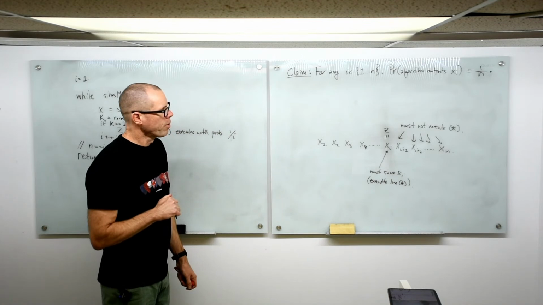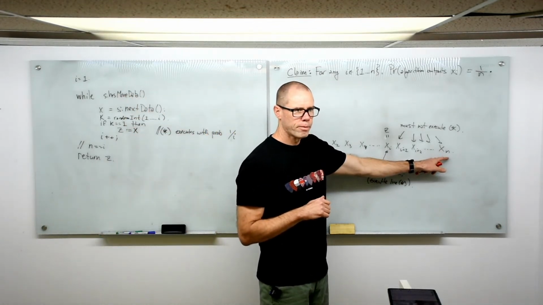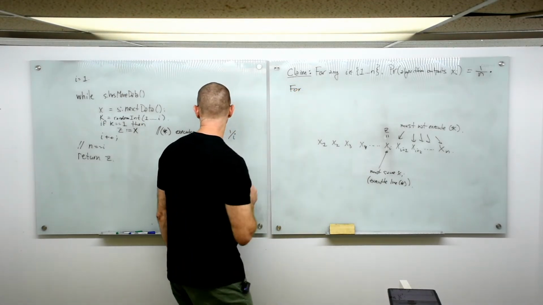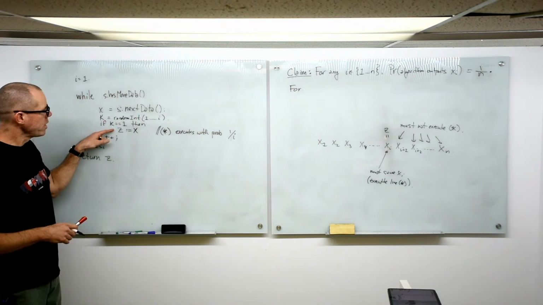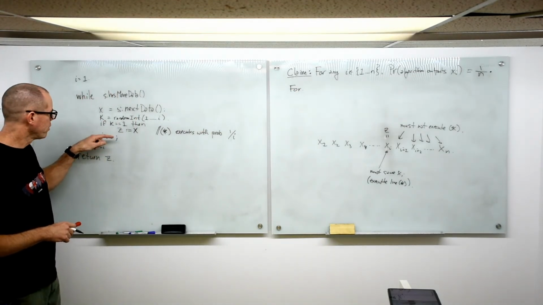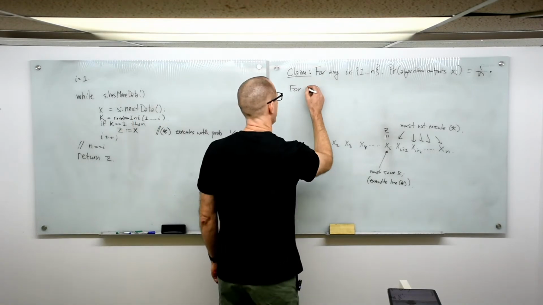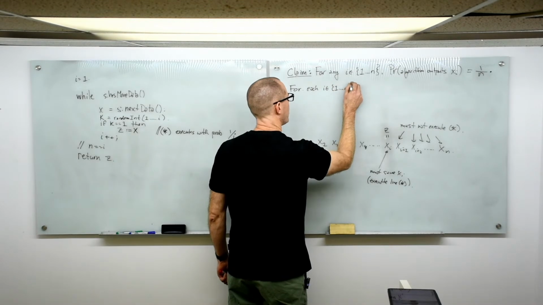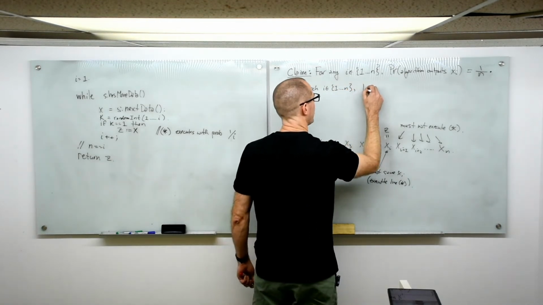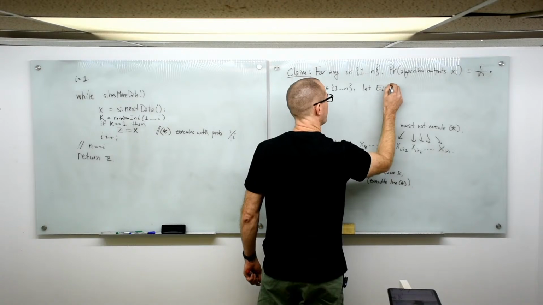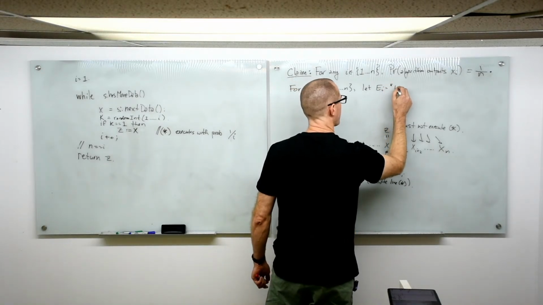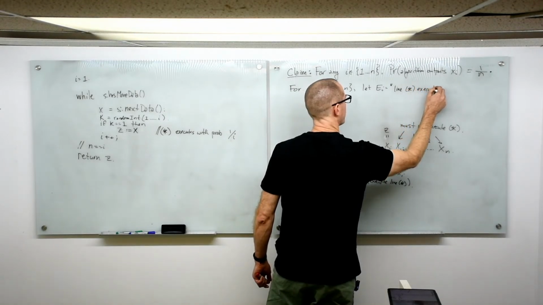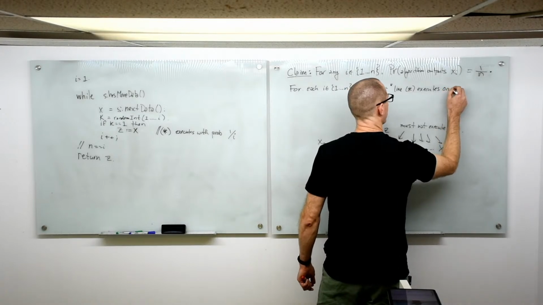So I need to know the probability that that happens. The critical thing here is, when does this line execute and when does it not execute? So for each i from 1 up to n, let Ei be the event that line star executes on iteration i.